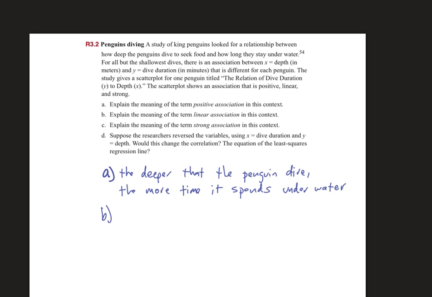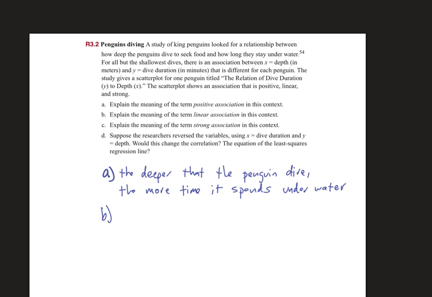Sorry, let me think about a way to say this. Anytime you want to talk about a linear association, you're really talking about something that has a constant slope. When you're talking about slope, you talk about every time the x increases by 1, the y increases by the slope.